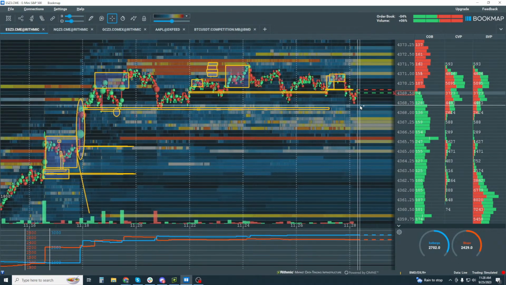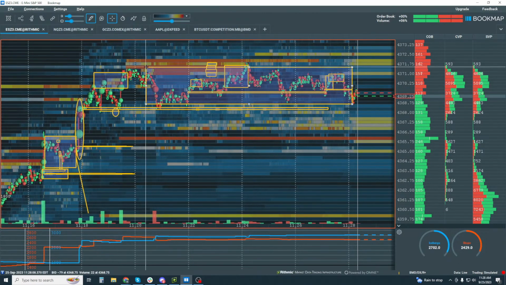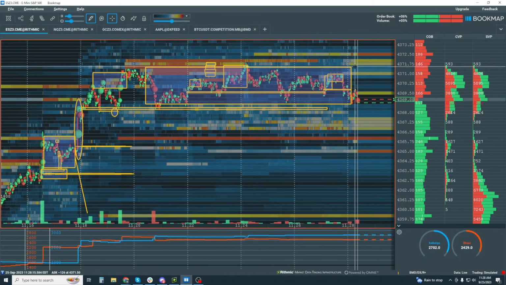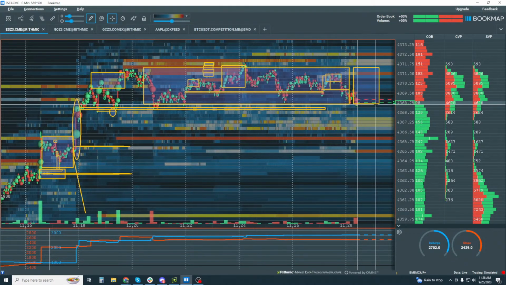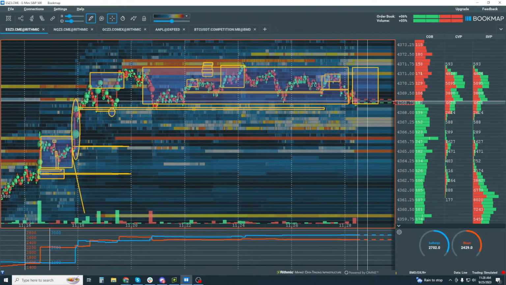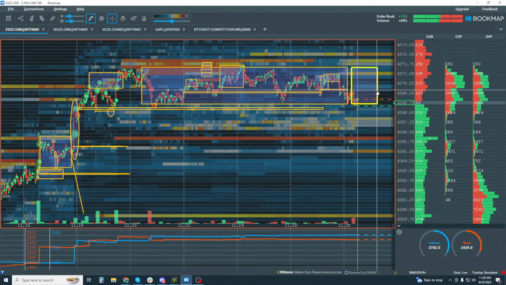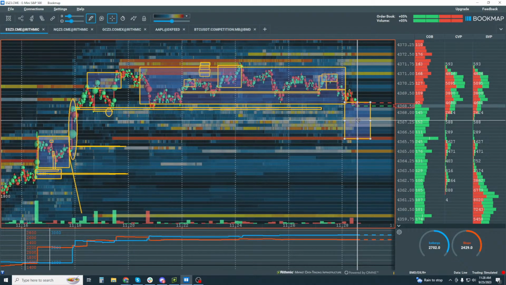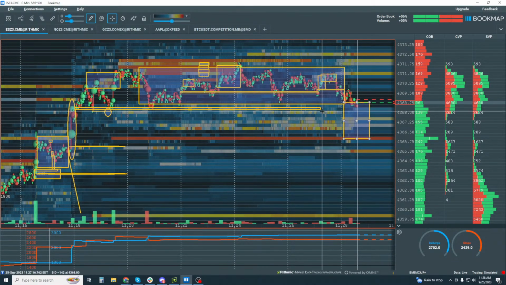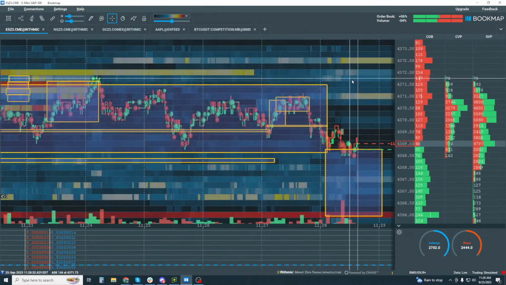Okay, so if that is the case, where might they have to buy back? Or I'm sorry, have to sell. Okay, probably throughout this whole range and back down into 66 or so.